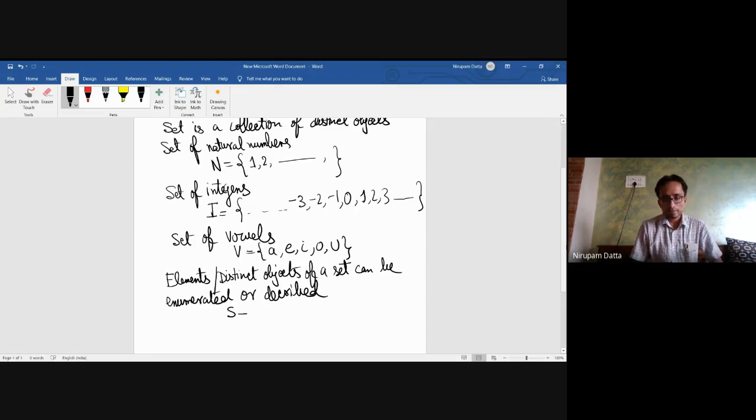So let us take this example: S is equal to {2, 3, 4}. So we are now writing this set by enumeration, enumerating all the elements of the set.